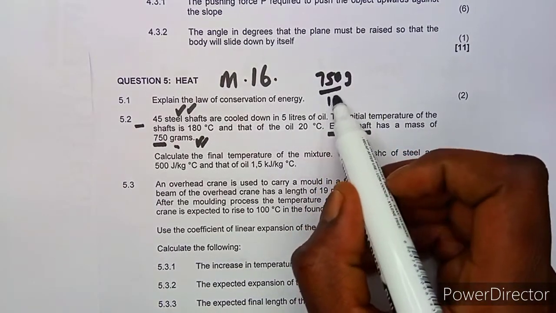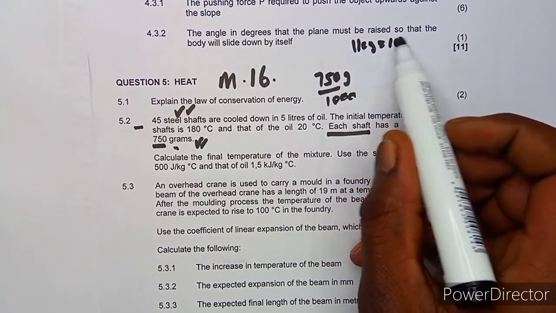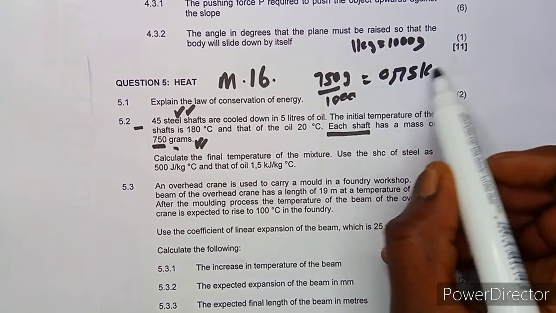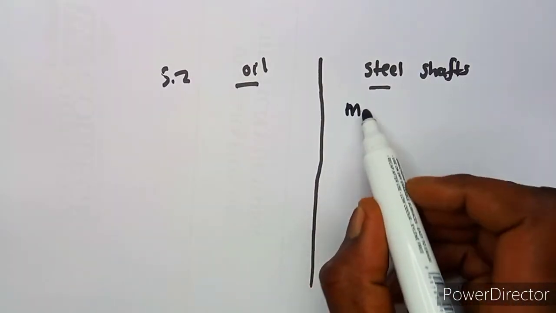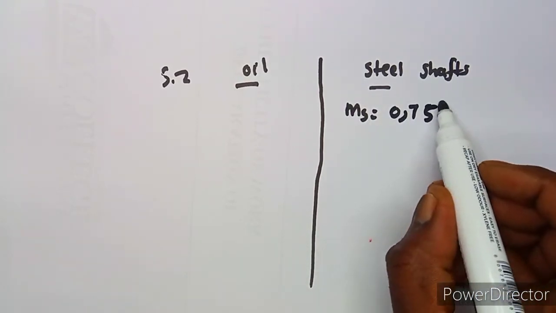To convert to kgs, remember you divide by 1000 because in a kg we have 1000 grams. This gives us 0.75 kgs. That 0 is not important, so the mass of the steel shaft is 0.75 kgs. Just list it down for information.